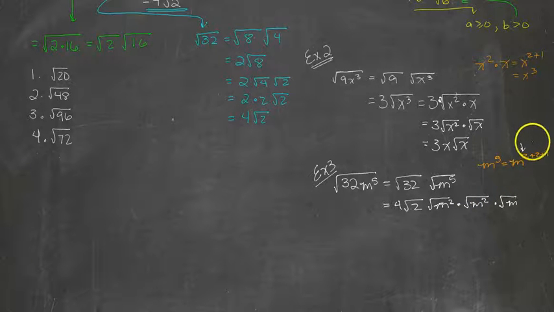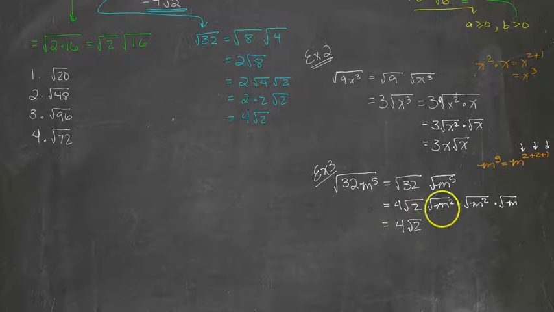So that's the m squared times m squared times m to the first power. So now let's reduce it. I have 4 root 2 times m times m times root m. And now let's write it in the proper way.